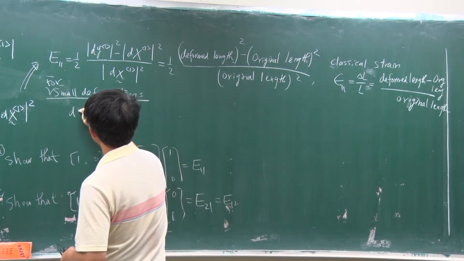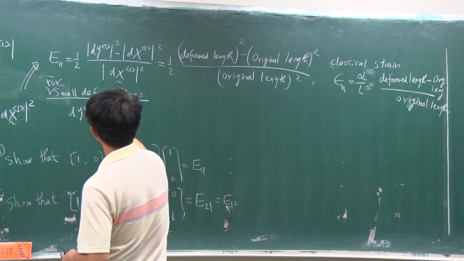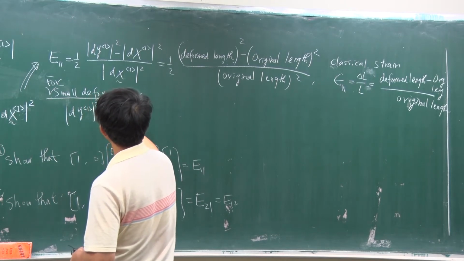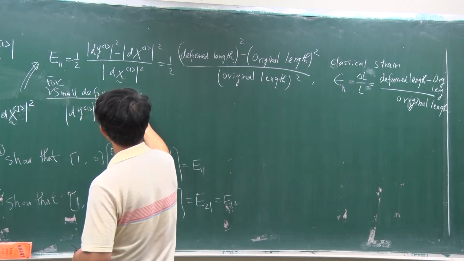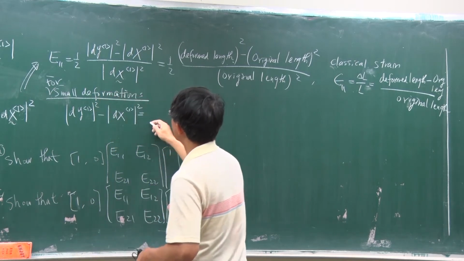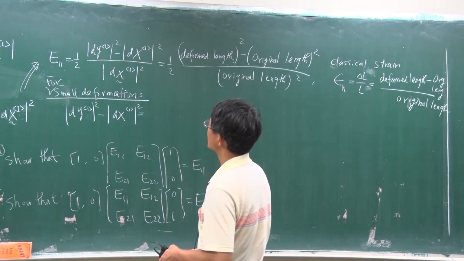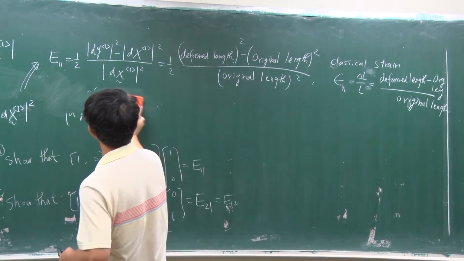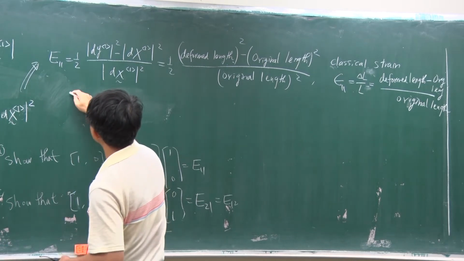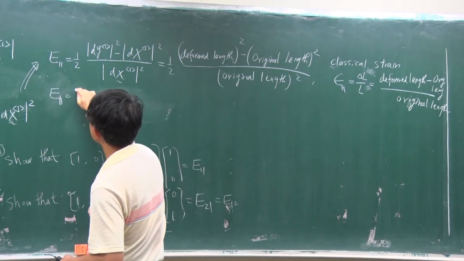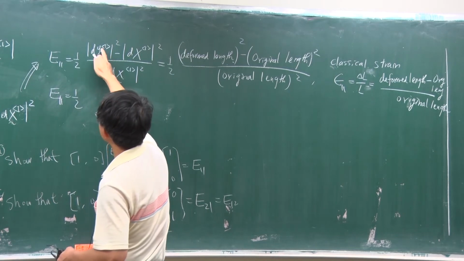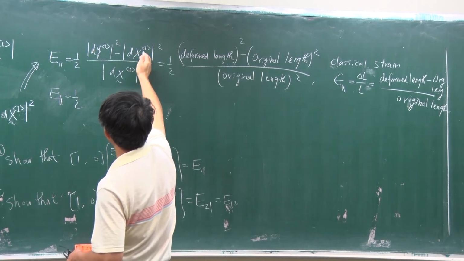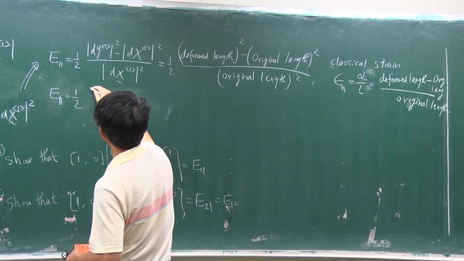The y square minus the x square equal to what? Okay, let me put it this way, more easily. This is a square minus b square equals a plus b times a minus b.